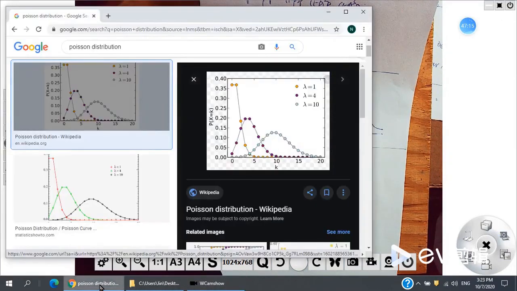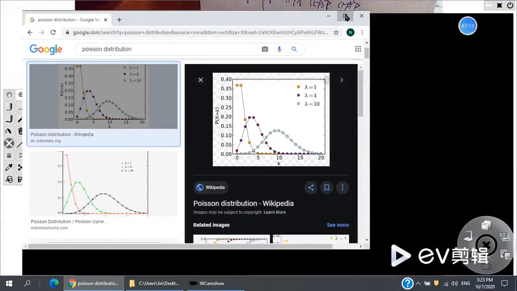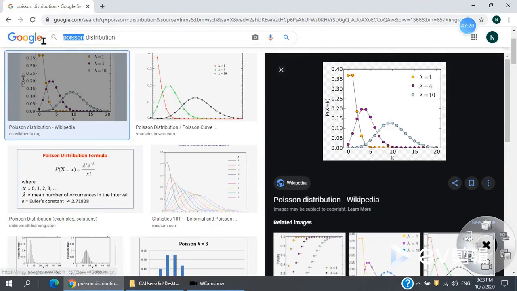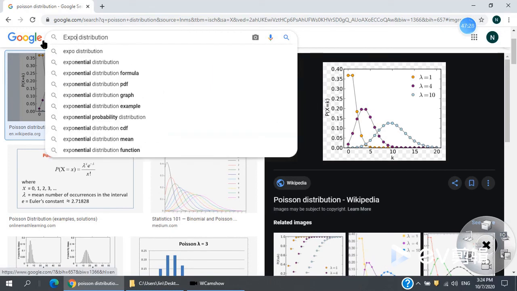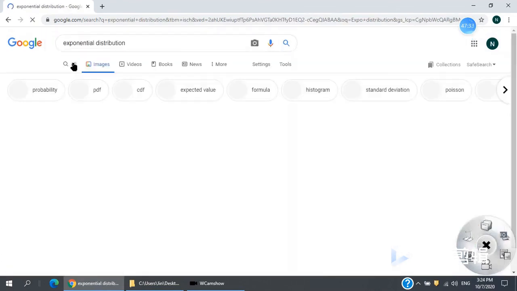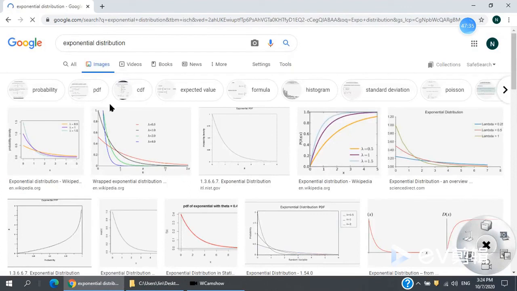Then let's go to the exponential distribution. Exponential distribution. It looks like this. This is the exponential distribution. There will be something like this, or this.